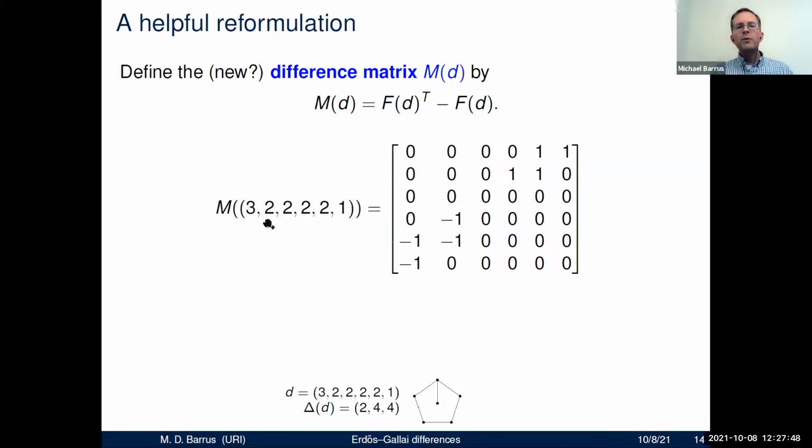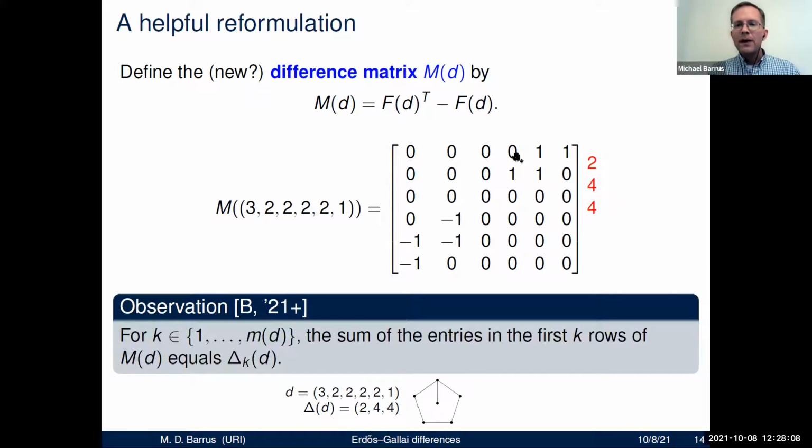Okay, so when you do that for a particular degree sequence, you get this picture here. And we did this motivated by the Erdős-Gallai differences. So we would be looking for them to show up somewhere in this matrix. And given that the degree sequence had these differences 2, 4, and 4, as you stare at that, you'll see without too much trouble that what we get are the 2, 4, and 4 from taking the sums of the entries that are left.